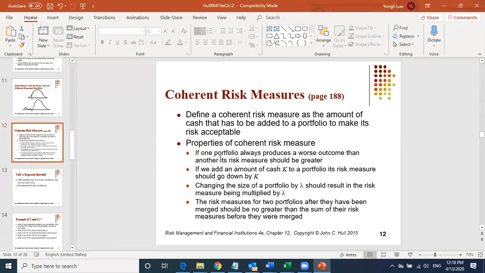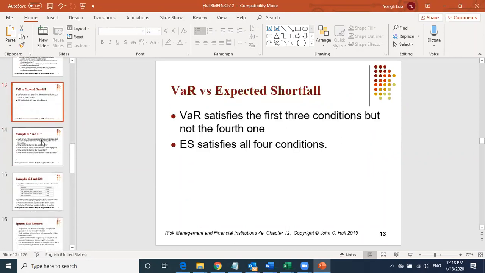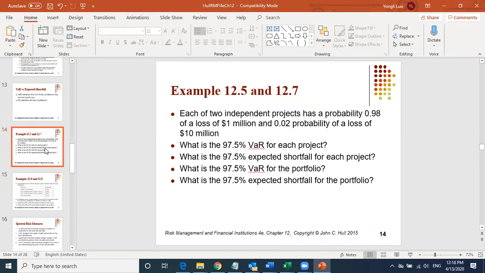Basically, risk measures have four different properties, and these are the properties of a coherent risk measure. You can read this if you want to, but it's not required. What we need to do is only estimate expected shortfall.